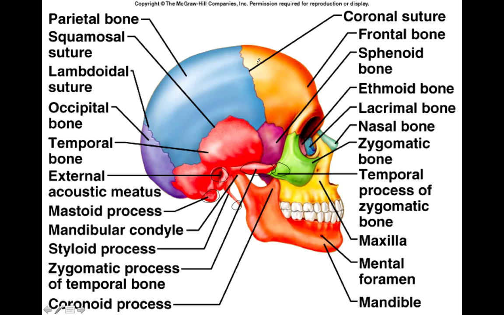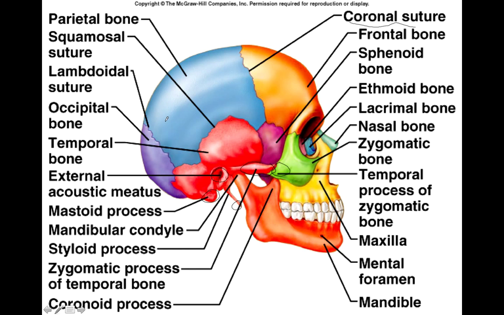Here's a good view so we can see these different joints in the skull, and the joints are called sutures. So the coronal suture here, you have to know that. Make sure you know the coronal suture connects the frontal bone and the parietal bones.